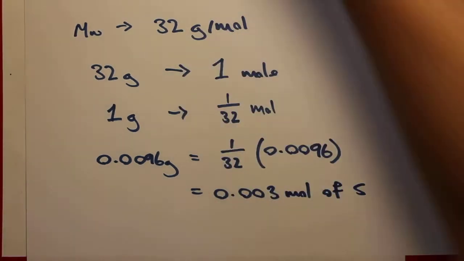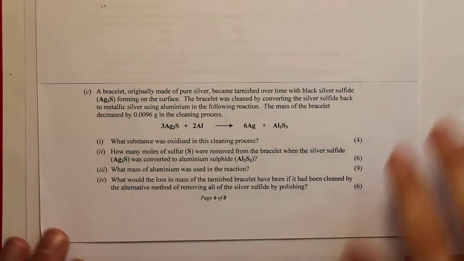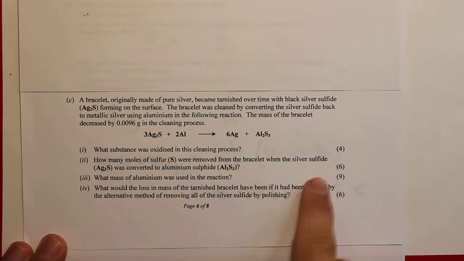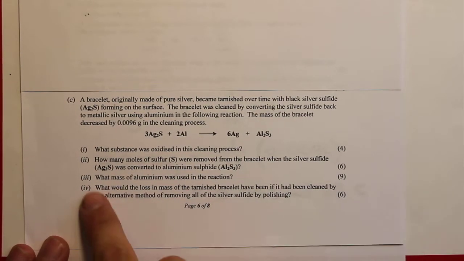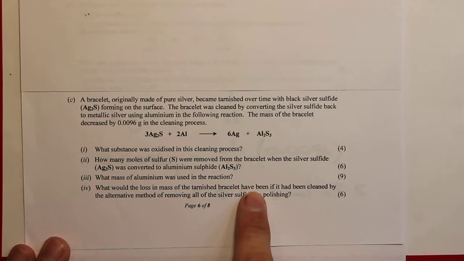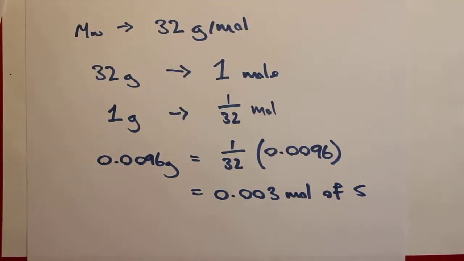And that's the answer to that second part of that question. How many moles of sulfur were removed from the bracelet? Now part 3 is asking us what mass of aluminium was used in the reaction. So what mass of aluminium was used in the reaction?